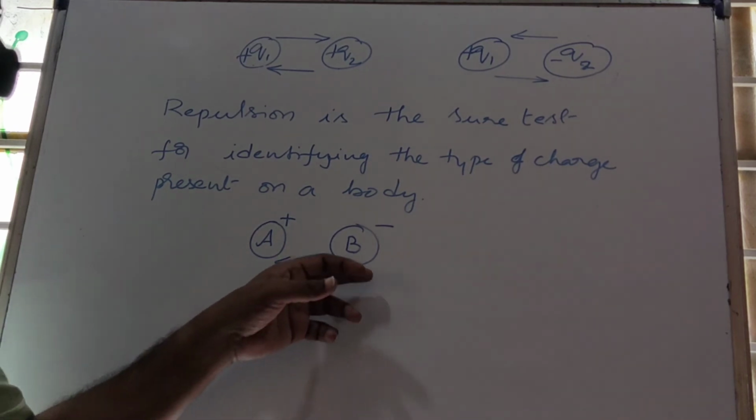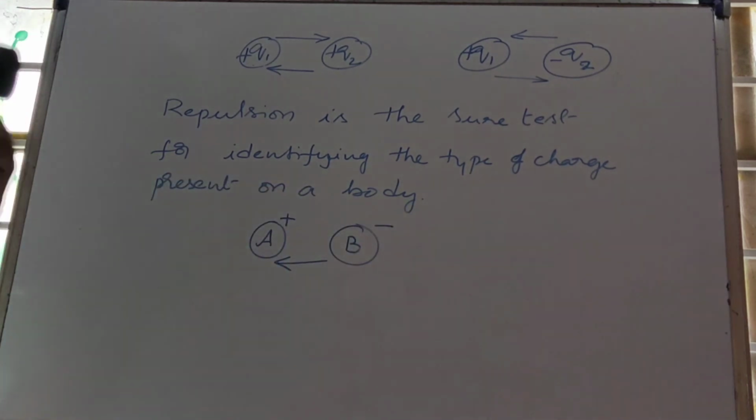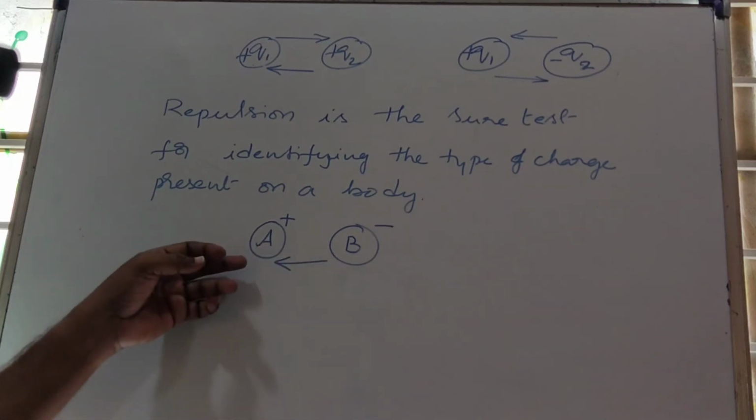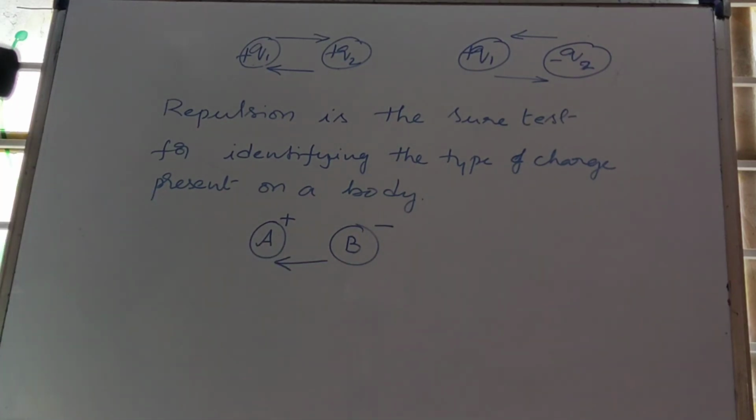B is having a negative charge if it is attracted by the first body. Okay.